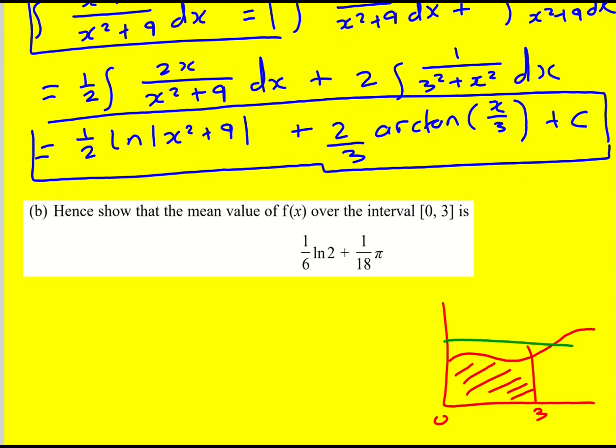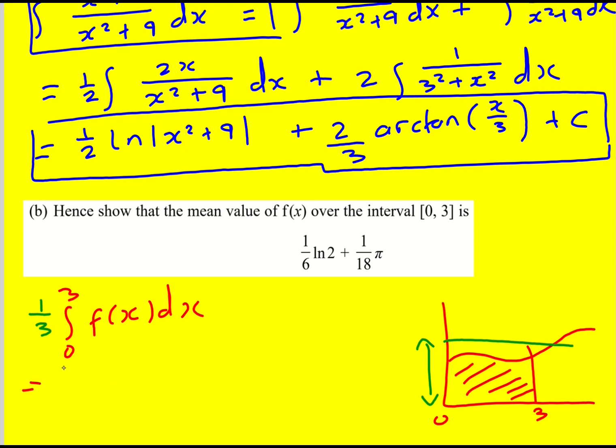And we find the area of the original function, like the area under the graph between 0 and 3. Now they have the same base, so we just need to divide by that base, divide by 3, and that will give us the height, and that will be the mean value of our function.